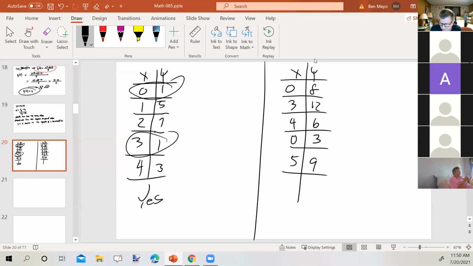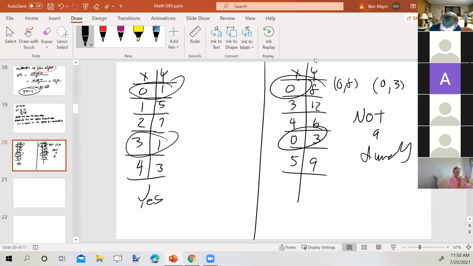Careful, you said that backwards. Fix it. You can do it. There you go, two outputs that share the same input. So you've got 0 goes to 8 and 0 goes to 3, so not a function. Can you tell? Because one input can't go to more than one output if it's a function. One person doesn't have two birthdays.